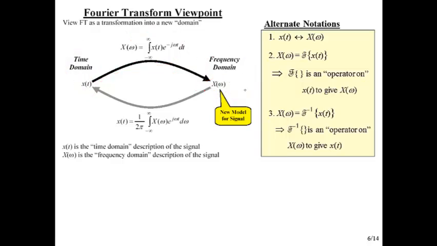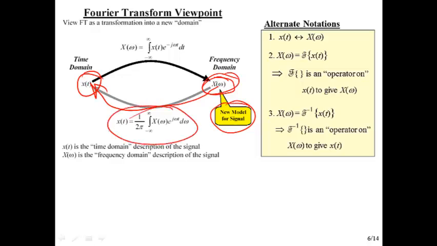And then going the other way, we have our new model for our signal, this frequency domain representation that simply tells us how much amplitude and phase we need at each of the frequency components. Once we have that, we can transform it back to the time domain using this inverse Fourier transform equation.